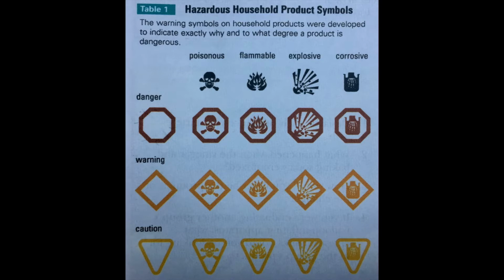And then on the far left, you have an octagon, red, danger, a little lighter, orange, warning, and then the yellow below, caution. And then if you combine the top row and the left row, you get danger poisonous, danger flammable, danger explosive, danger corrosive, warning poisonous, warning flammable, warning explosive, warning corrosive, caution poisonous, caution flammable, caution explosive, and caution corrosive.